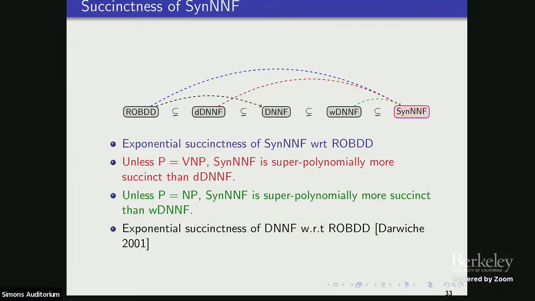The exponential succinctness with respect to deterministic decomposable negation normal form is conditioned on P not equal to VNP, and with respect to w-DNNF, the weak DNNF, it is conditioned on P not equal to NP. And of course, it was already shown earlier that DNNF is unconditionally exponentially more succinct than ROBDD.